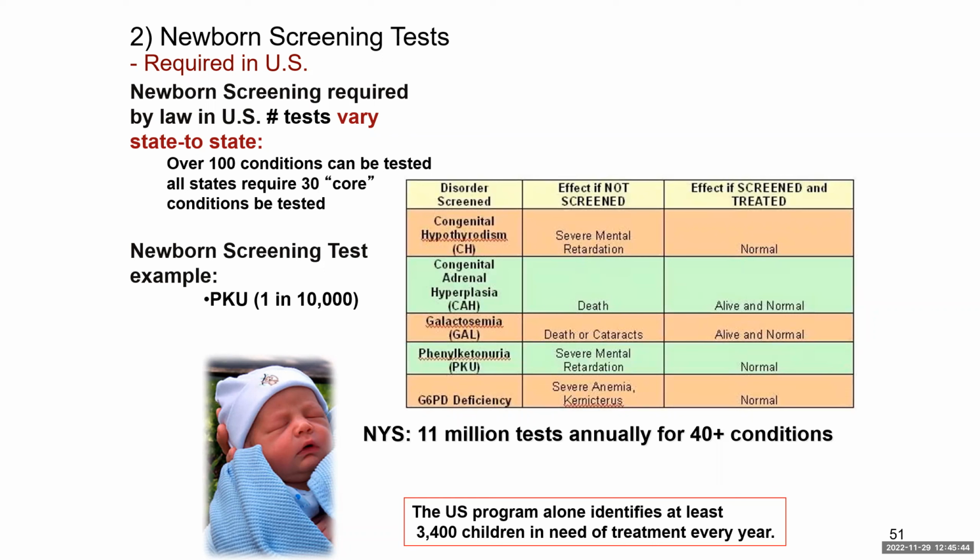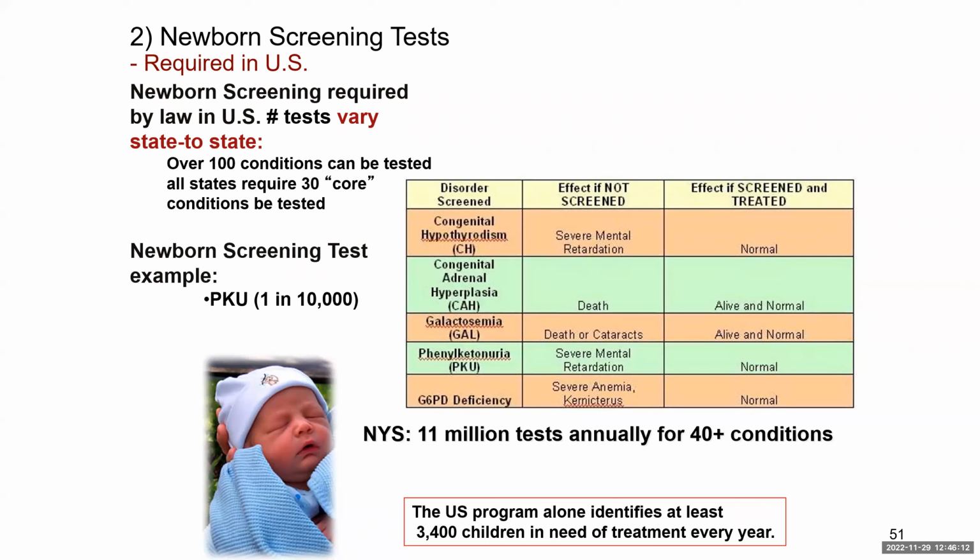In fact, that's true for most of the things that newborn screening checks for, like congenital hyperthyroidism, adrenal hyperplasia, galactosemia, PKU, and G6PD. All of these can be treated before birth or shortly after to prevent any of the negative consequences. In this case, not testing seems to be less ethical.